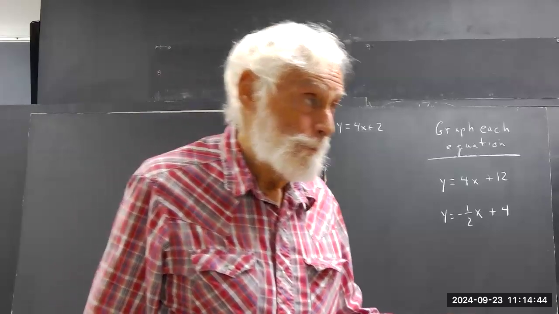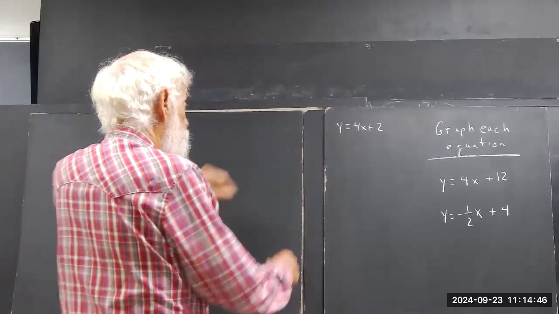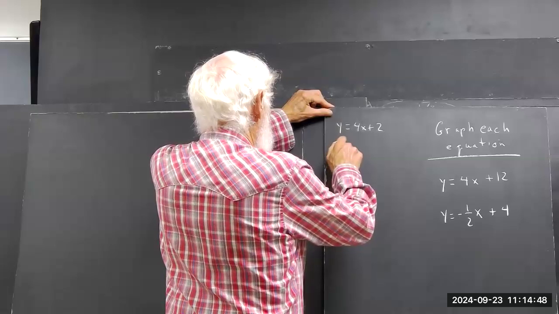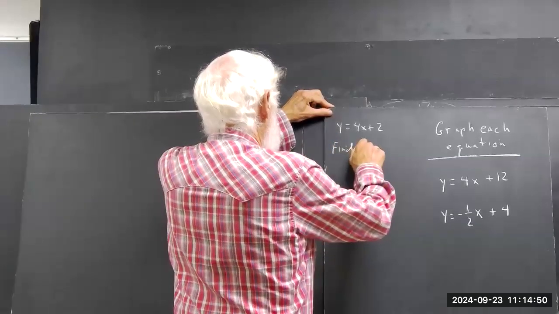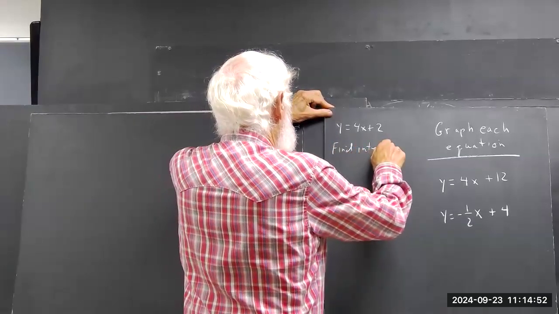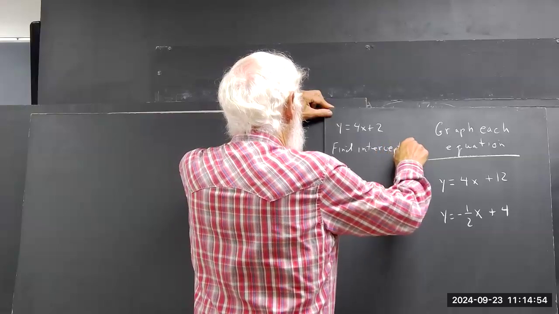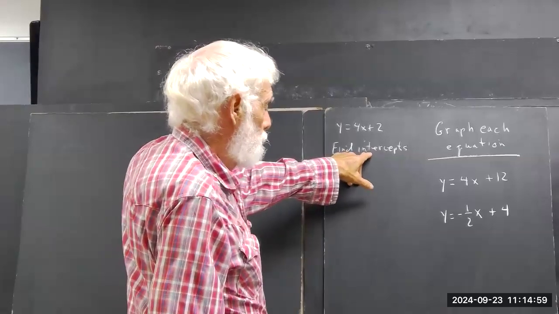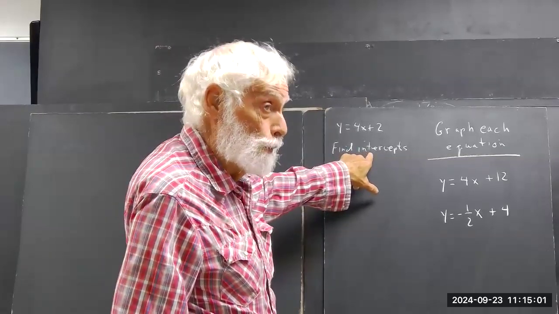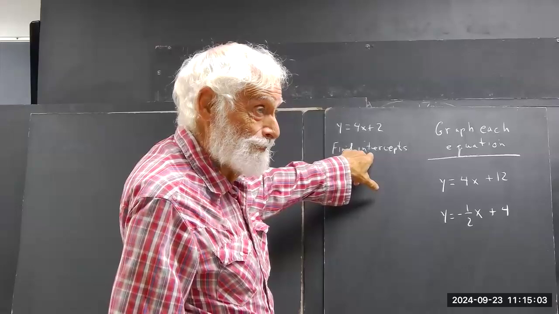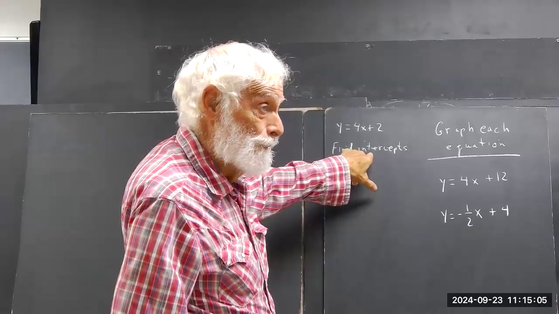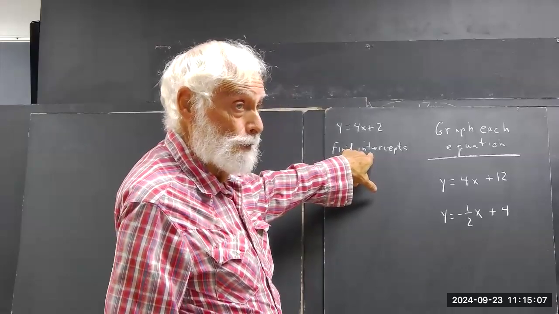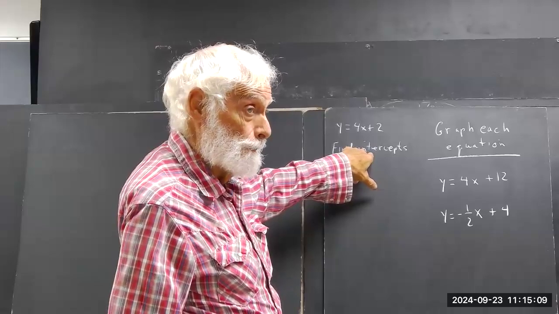So we're going to find the intercepts. Write this out. And if you get tired of writing, you probably could abbreviate intercepts as long as you're going to know in the future what it means, and you want to go back and look at your notes or take a test.